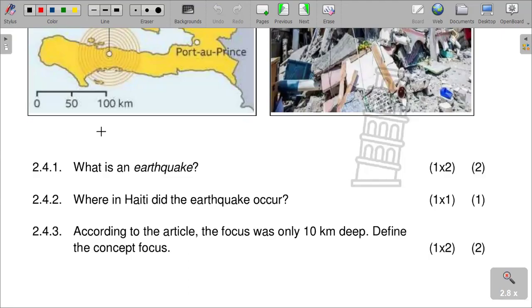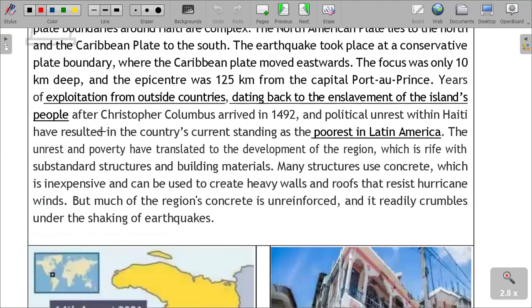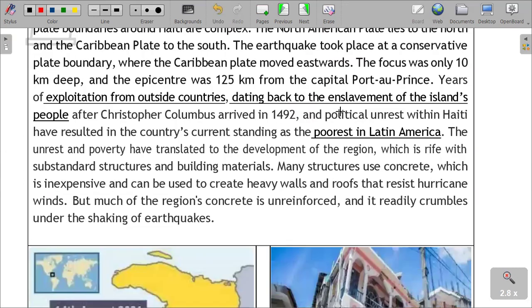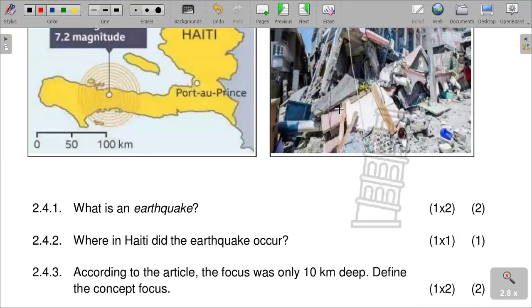Earthquake is sometimes given as the vibration of the earth. Earthquake can also be a narrative, a case study about the 2021 earthquake. We can read, monitor issues there, the effects and so forth.